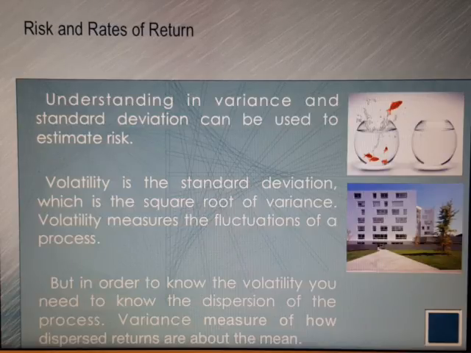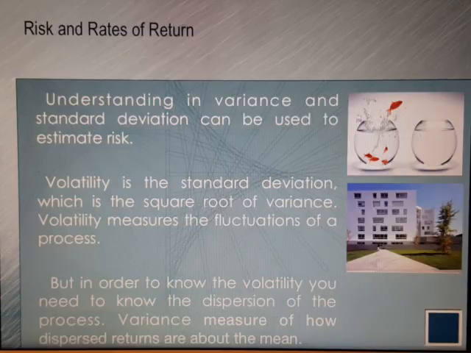Volatility measures the fluctuations of a process. I'm going to show you in calculations later, don't worry. But in order to know volatility, you need to know the dispersion of the process. Variance shows the dispersion, the measure of how dispersed returns are about the mean.